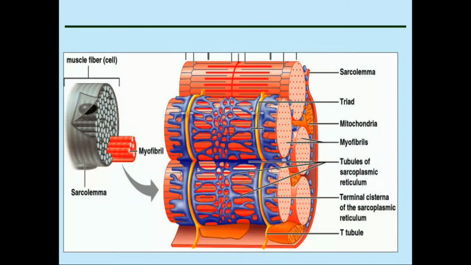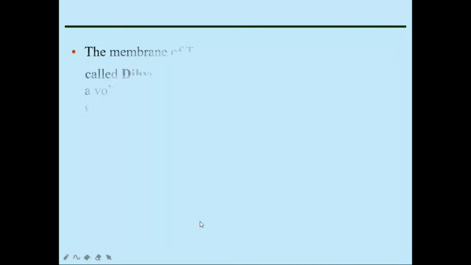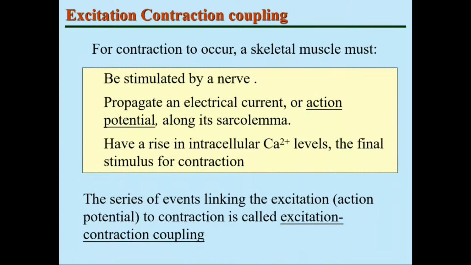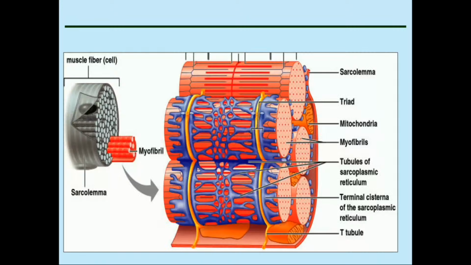Now let us see this. You can see that the yellow colored structures are the T tubules. They are formed by invagination of sarcolemma, as you can see here, and then as they enter the muscle fiber and come across a myofibril, these T tubules divide, and as they divide, they surround the myofibril.